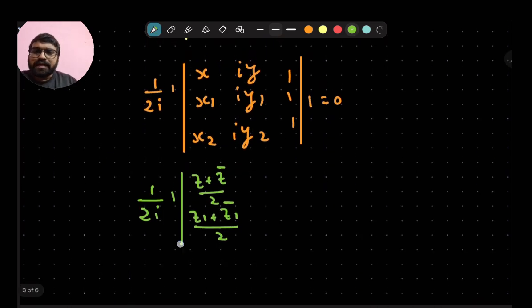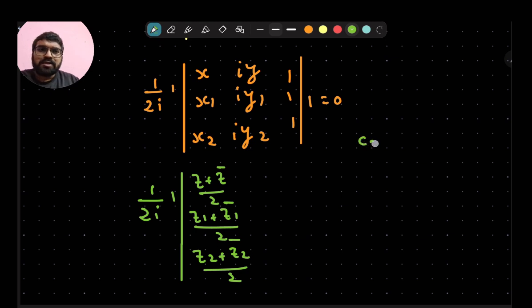And similarly we can write x2 as (z2 plus z2 bar) by 2. And for this iota y, I'm using the particular property of determinant, that is I'm changing column 2 to column 2 plus column 1. So this will be basically x plus iota y, x1 plus iota y1, x2 plus iota y2.